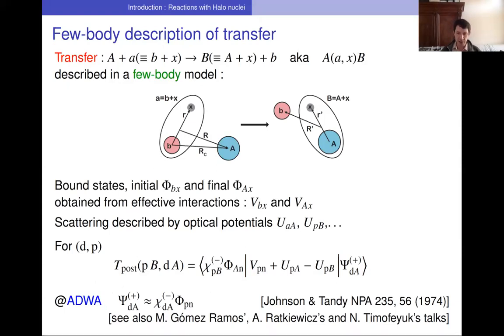I think Natasha will discuss a more precise model early in May, and two days ago Andrew mentioned a few things on transfer as well. I will not go into as precise models as these, but I will rely on that usual Johnson and Tandy approximation.